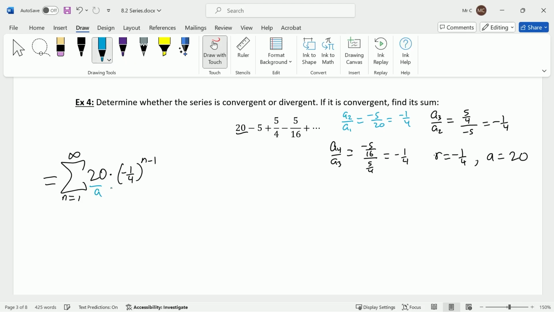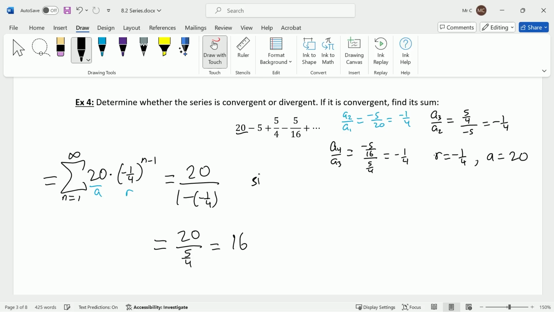So this is my a, this is my r, and this, of course, then is going to be 20 over 1 minus negative 1/4, which is 20 divided by 5 fourths. 20 divided by 5 is 4, divided by 1/4, so I multiply by 4 again, that's 16. And this converges since the absolute value of r is 1/4, which is less than 1, by the geometric series theorem.